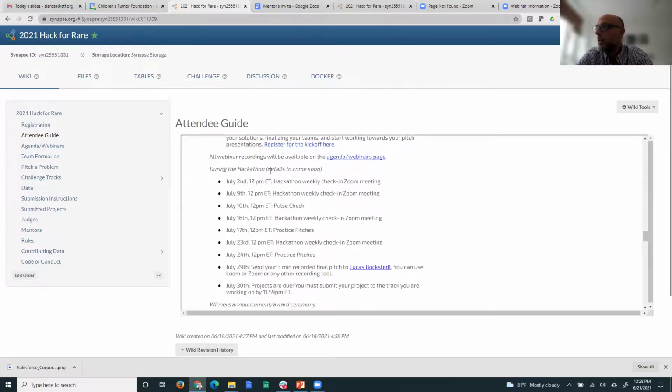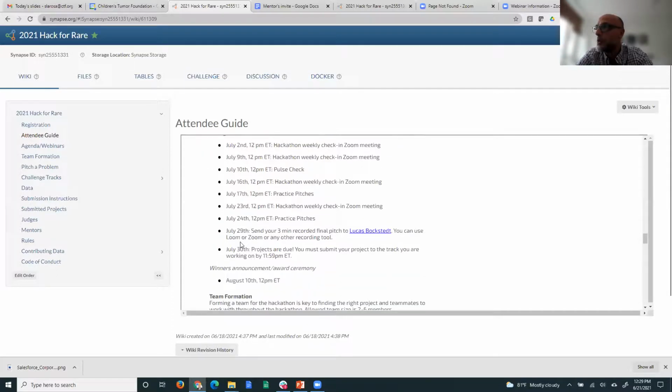And then keep an eye here and come back to this file, but also to the other parts of the website where we'll update with speakers and other details for the check-ins that are optional, but really educational. We'll also have some resources available to you, like through DNAnexus and the Children's Brain Tumor Network. They're going to lend some of their data sets.